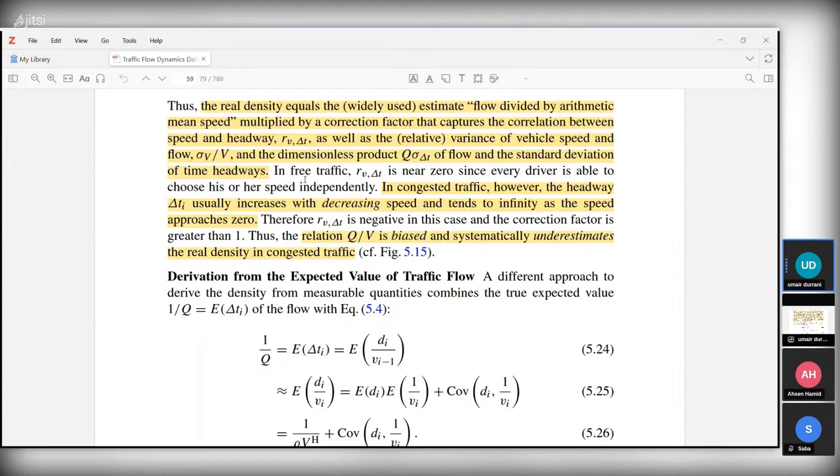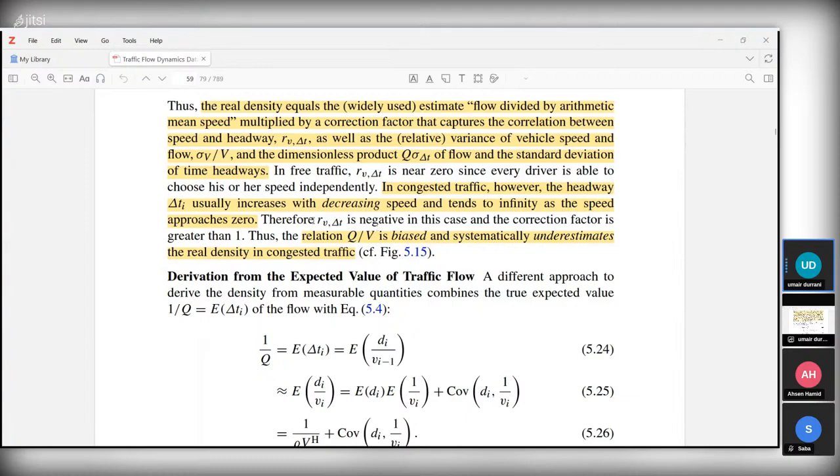The lead vehicle crosses the detector first, and then you as a follower cross the same detector. The time difference between them is the time headway. Because you're slow, you're going to take more time, and then essentially delta Ti will increase when you are slow. So there's an inverse correlation here.